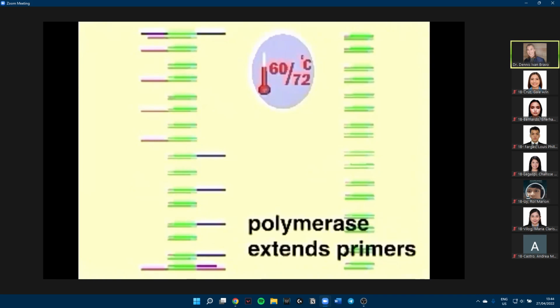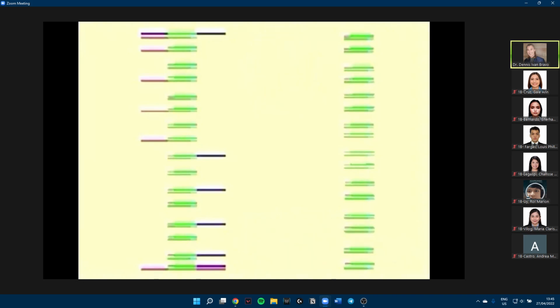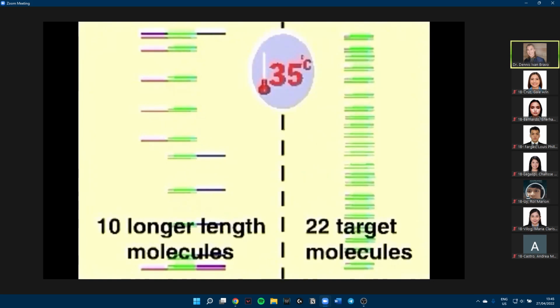Now, by the end of cycle 5, the DNA fragments or amplicons that are of uniform size outnumber those fragments that are of varying lengths.